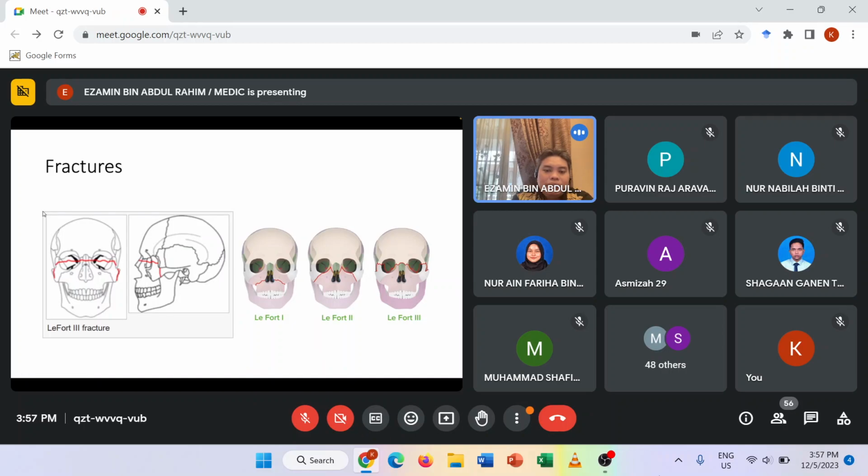Okay, we go for fractures. Of course, if let's say a skull fracture, frontal bone fracture, parietal bone fracture, occipital bone fracture. They just use names like that, and then extending from where to where.